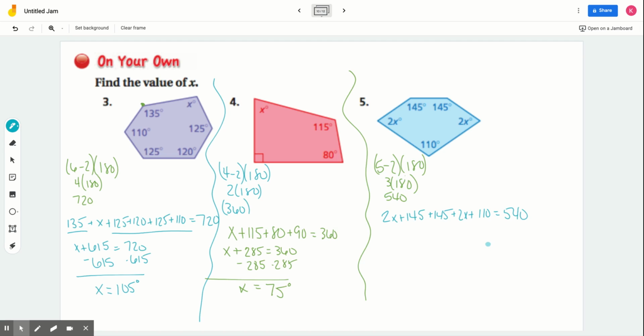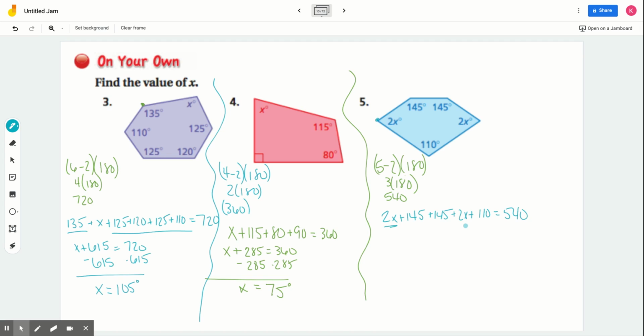Now, when we're writing out our equations to try to solve, it's really helpful to go back and count to make sure that you have the right number of pieces or the right number of angles incorporated in your equation. I also like to start in one spot and move clockwise around the figure. That kind of helps me know that I didn't miss any information.